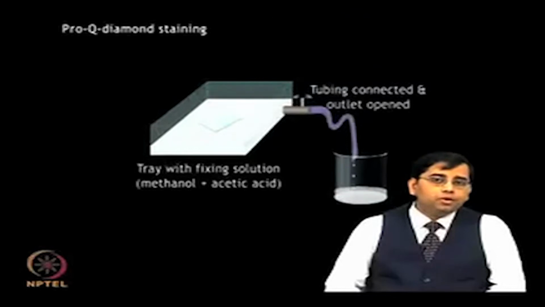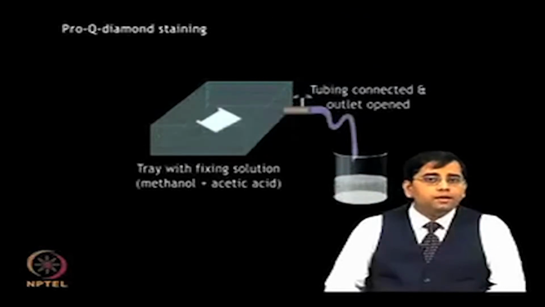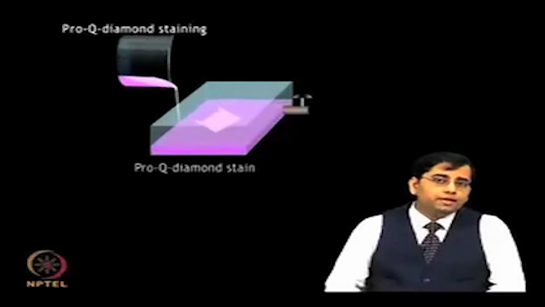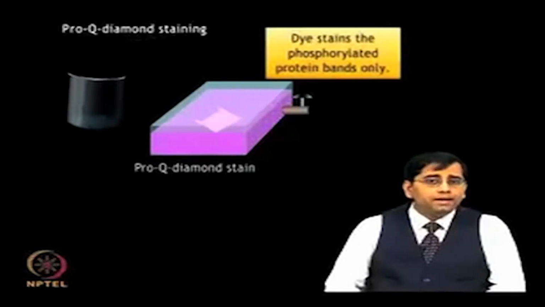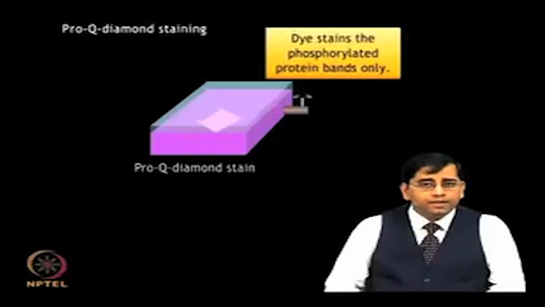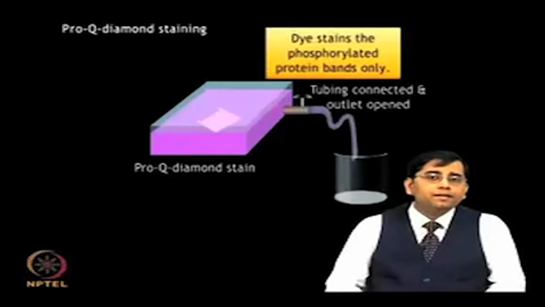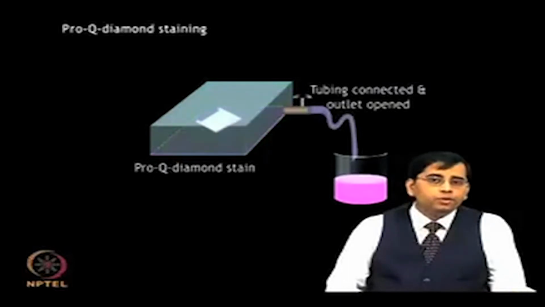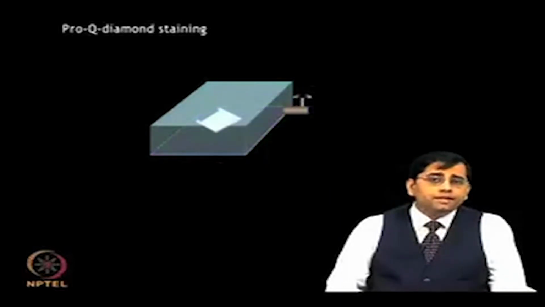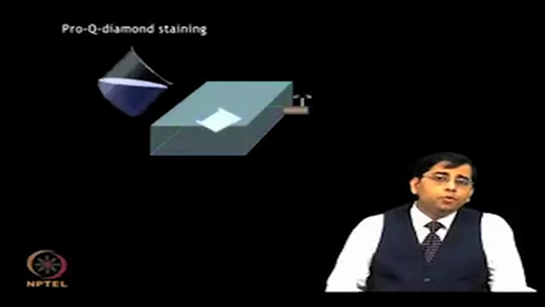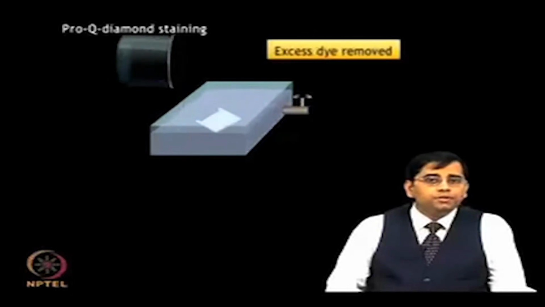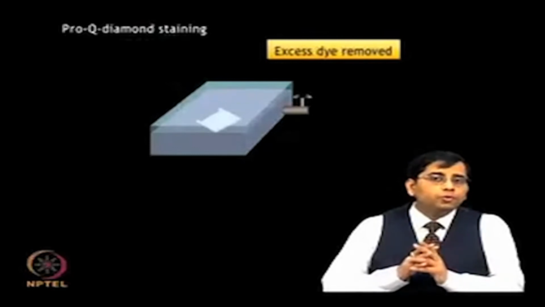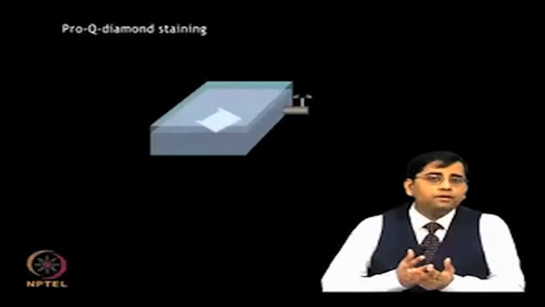Proteins separated on a 2D gel are placed in a fixing solution containing methanol and acetic acid, which fixes the protein bands onto the gel and minimizes any diffusion. They are stained using Pro-Q Diamond staining solution, which selectively stains only phosphoproteins on the gel.